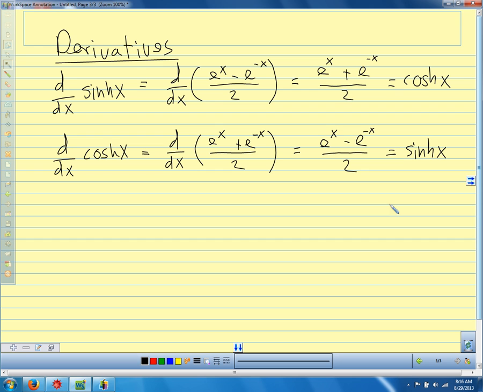And we can go through the other trig functions, starting from the definition, and find our other derivatives. Now for tanh, since we know these already, we can do tanh pretty easily. So we're taking the derivative of sinh over cosh, and now we can use the quotient rule using what we already know. So using the quotient rule on this quotient, what are we going to get?